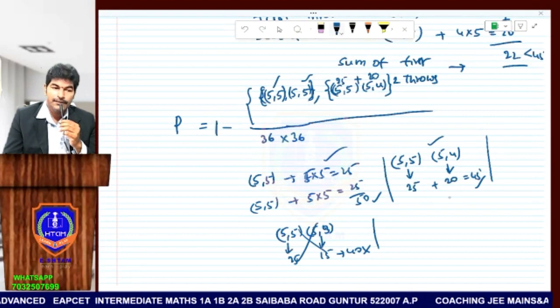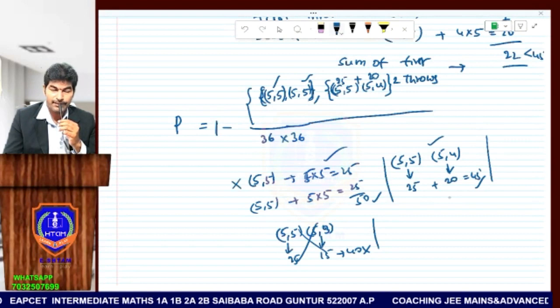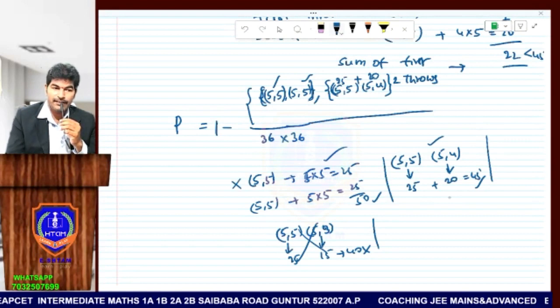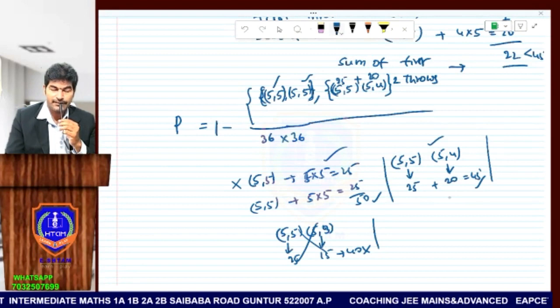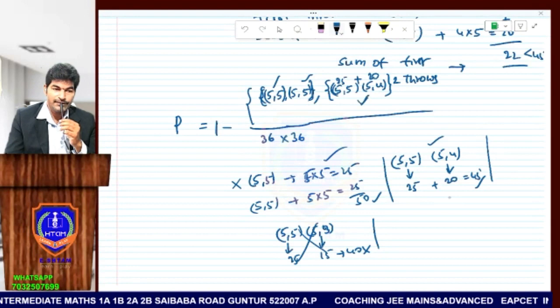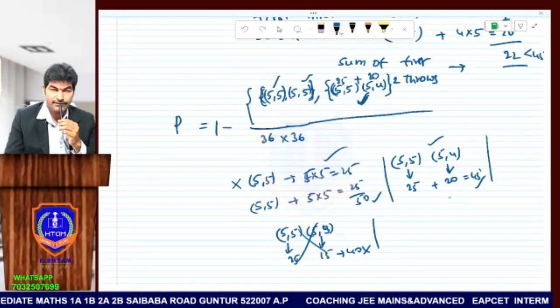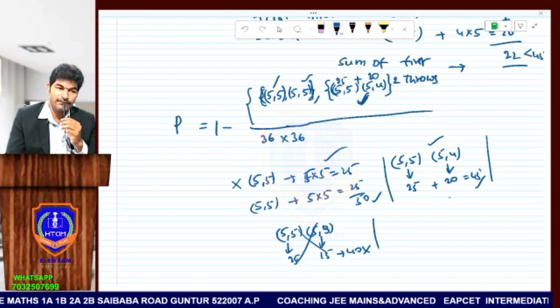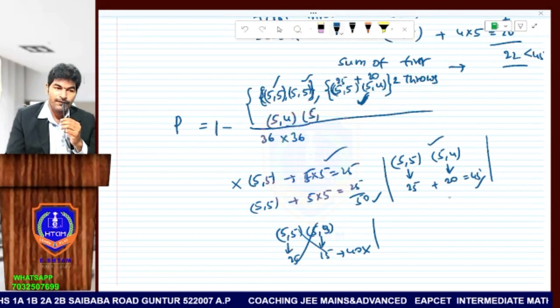In the first throw you get 5-5, and for the second we could not calculate this one double time. You cannot write 5-5 and 5-5 again. And look at this example: you can calculate 5-4 and 5-5 also, right? Yes, write down that event, 5-4, which is 20, and 5-5.